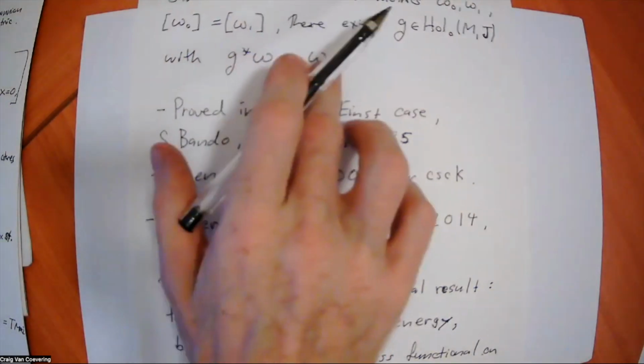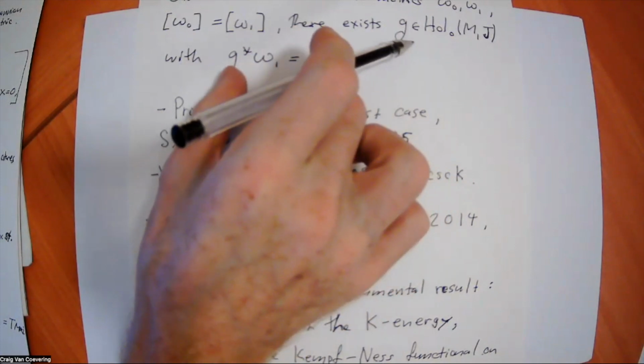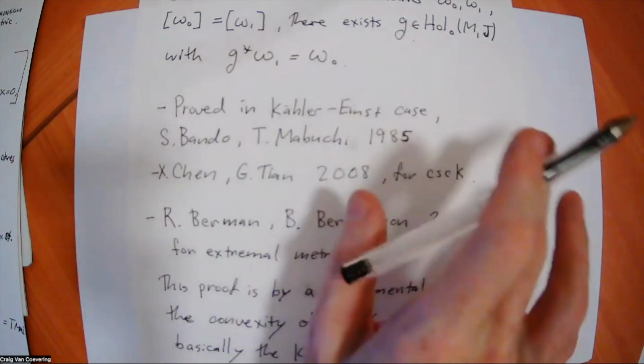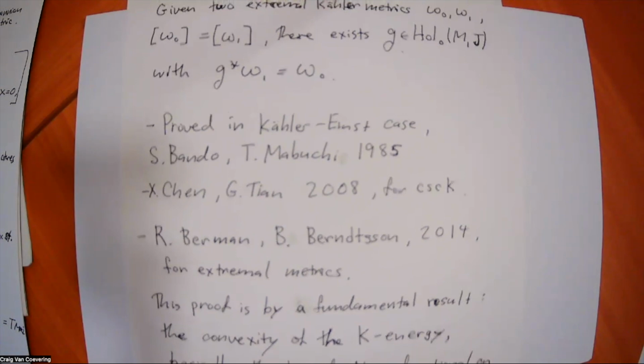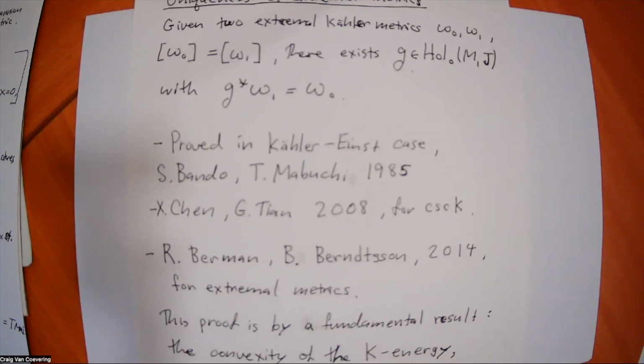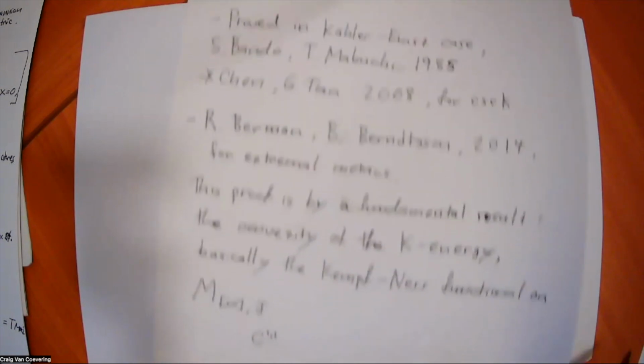If you have a geodesic connecting the two metrics and they're a minimum, by convexity it's minimized along the geodesic, and then you show that the geodesic is induced by a holomorphic vector field.